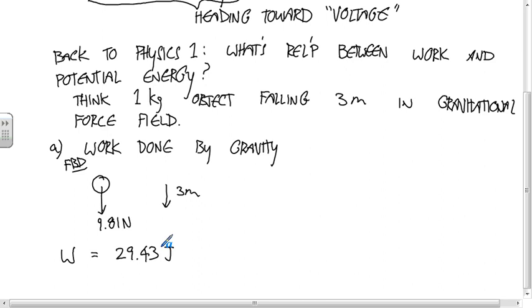Okay. And now let's think about the change in potential energy. Does anyone remember the definition of gravitational potential energy? The gravitational potential energy is m times g times h.